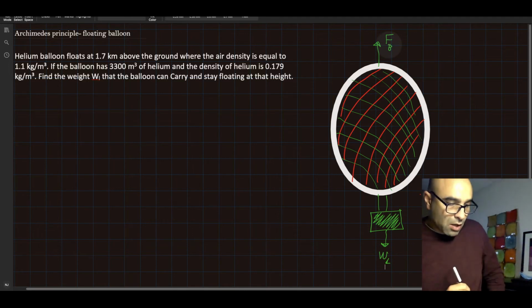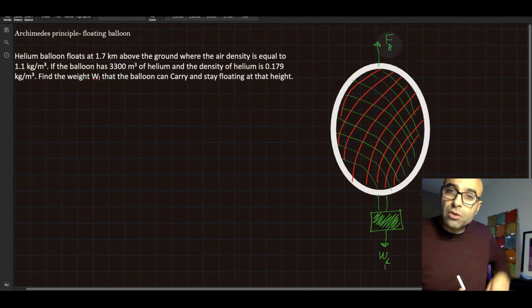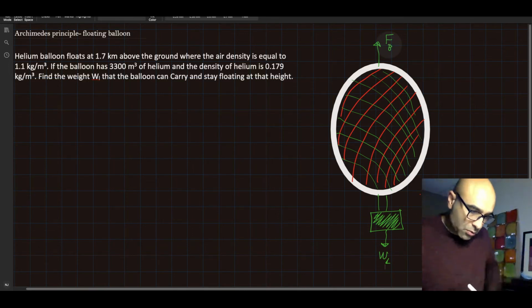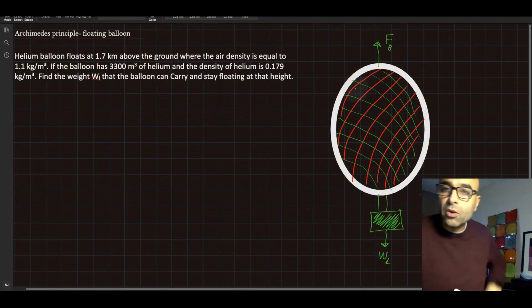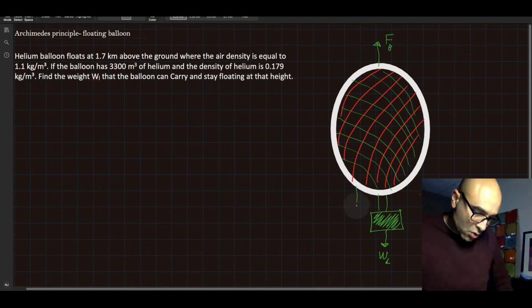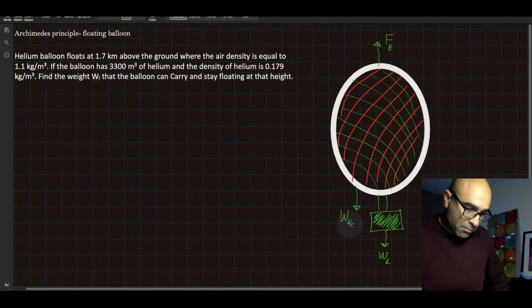Other forces acting on the balloon are the weight of the helium, W sub He, assuming that this white frame is weightless, which is an approximation, and the weight of the load, W sub L, going down.